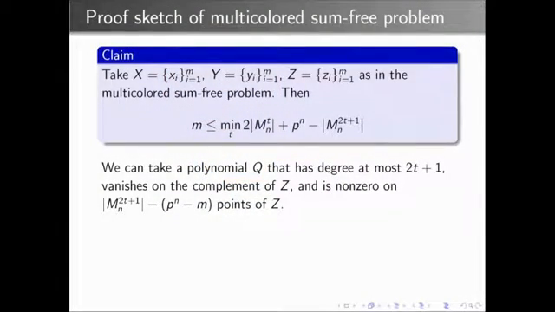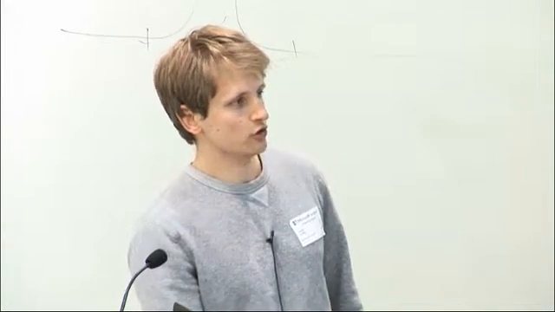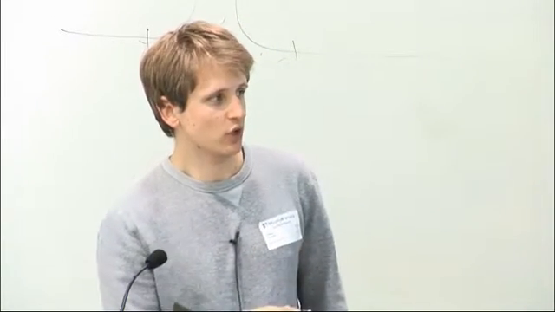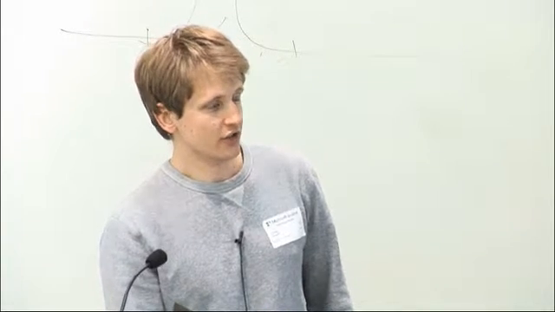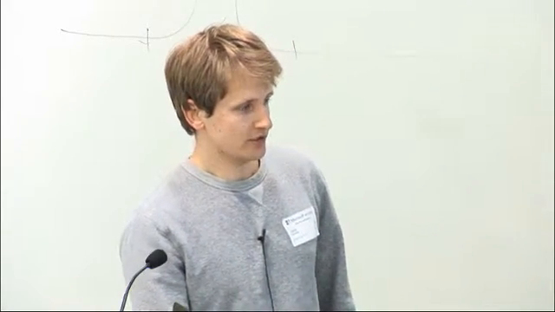We can take a polynomial q, let's assume 2t is large enough. We take a polynomial q that has degree at most 2t + 1 and vanishes on the complement of z and is non-zero on this many points of z. Why is that? The complement has p^n - m points.